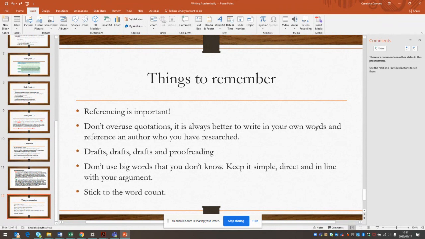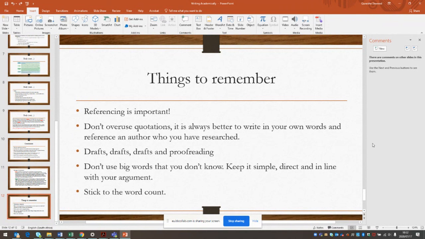Okay, so referencing is very important, and there is negative marking for referencing, so you don't want to lose marks because of referencing. At the same time, don't overuse quotations. Okay, your quotations are chunks that you've taken from someone else's work and used it to bolster your work. Perhaps you can use it here and there, but it's always better to write in your own words and reference an author who you have researched.